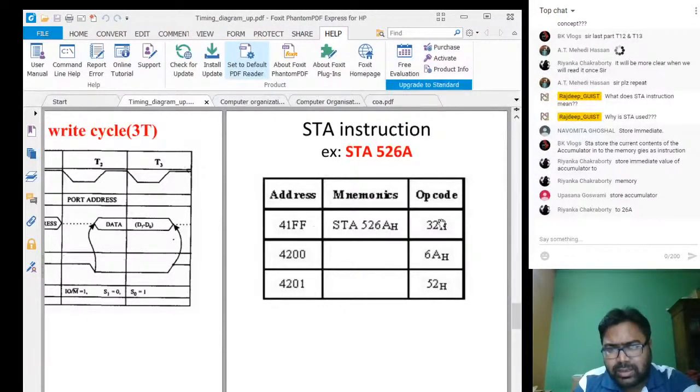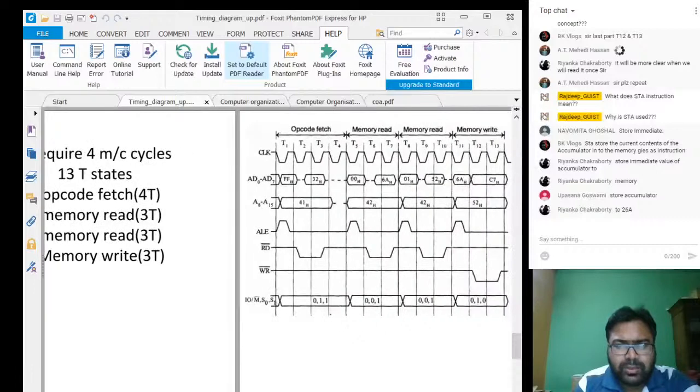So first initially it will have 32H, which is the opcode of STA, and then it has got 6A and 52. So these are the addresses. So first what is happening here, you just see, first from this particular memory locations, the opcode as well as the operands or the memory addresses are being read out.